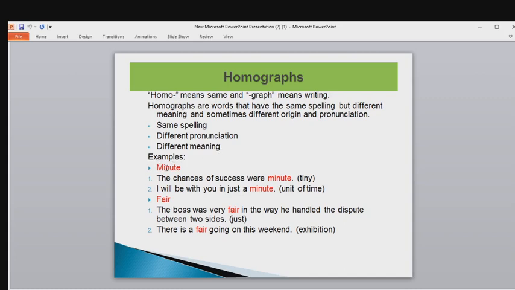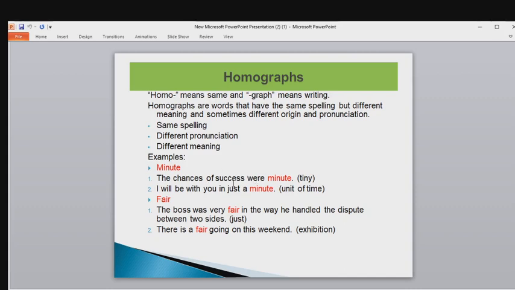Example, MINUTE. So usually we call it minute, as a unit of time, but it can also be pronounced in a different manner, and it can mean something else as well. Like in the first example here, the chances of success were minute. Minute means tiny or very little.